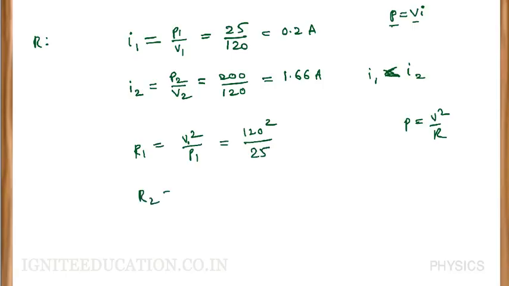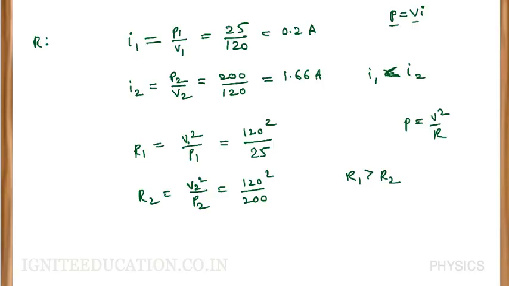And R2 is equal to V2 square by P2, that is 120 square by 200. Clearly from these two, the one with the larger denominator has the smaller value. So R1 is greater than R2.